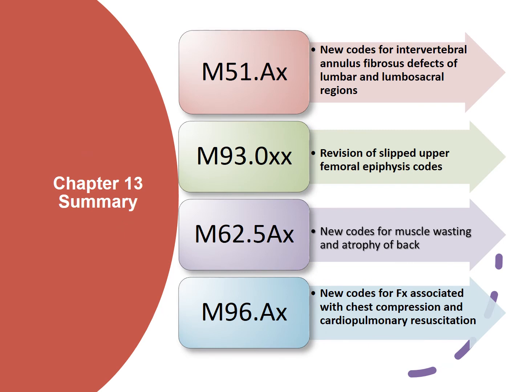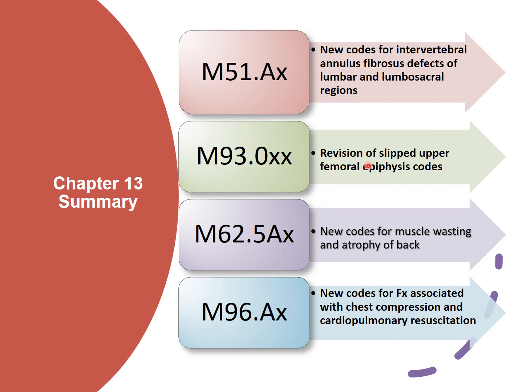Coming to the summary. The new codes have been added for intervertebral annulus fibrosus defects of lumbar and lumbosacral region, M51.AX. X indicates whether it is a lumbar or lumbosacral region and whether it is a large or small size of the defect.